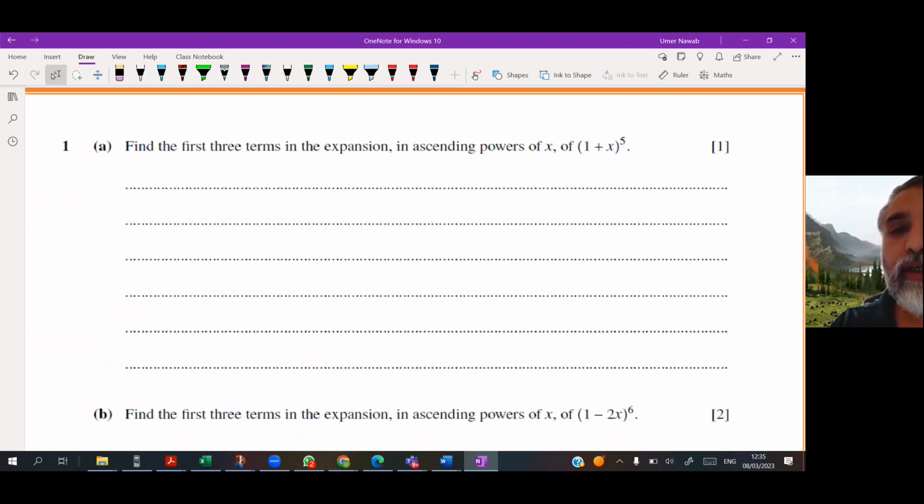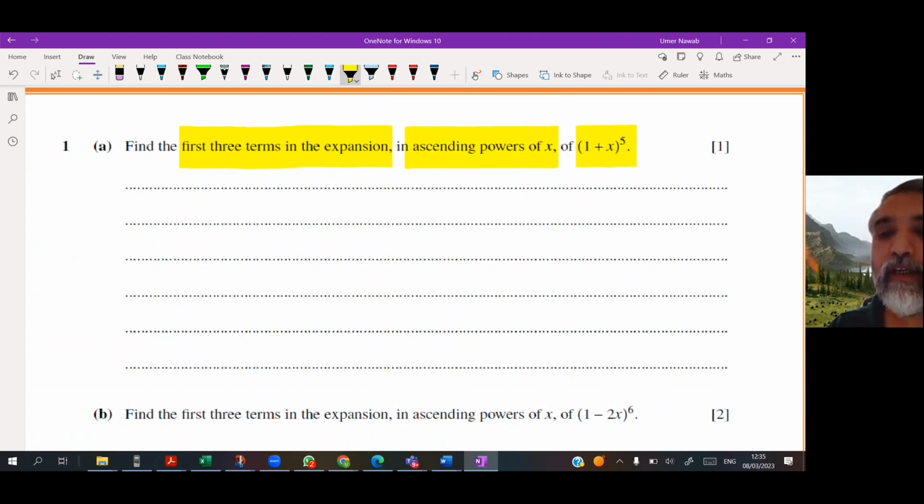The next question, he says, first 3 terms in the expansion in the ascending powers of x. If x is at the second place, you always get ascending powers of x. That is, the power of x will be increased. So let's start with it.